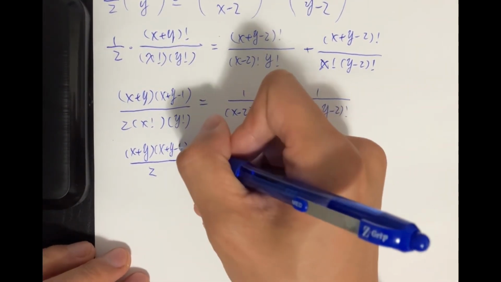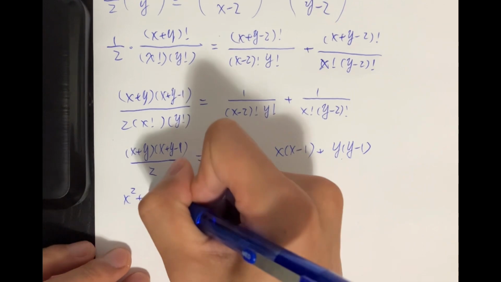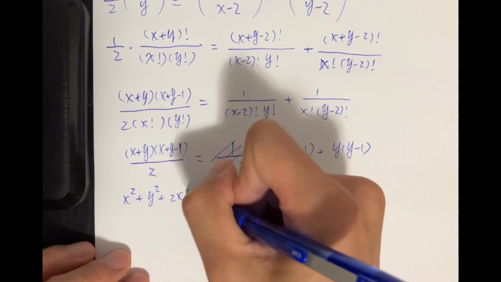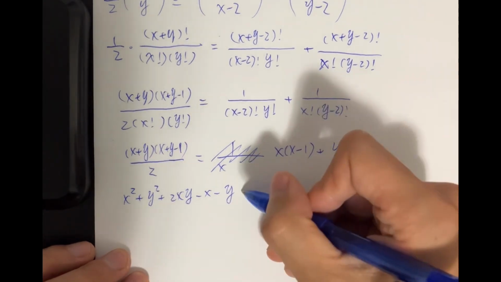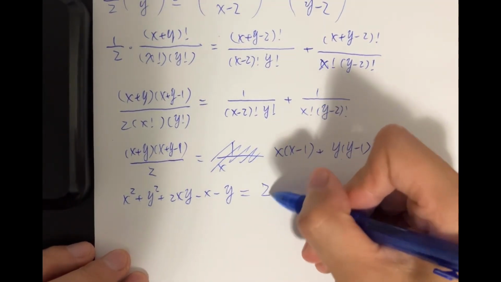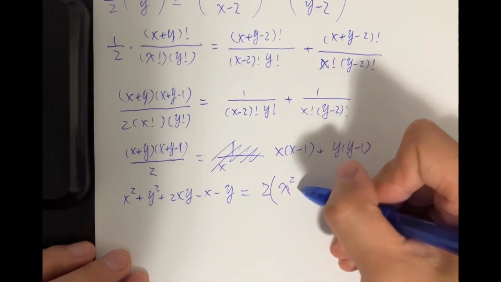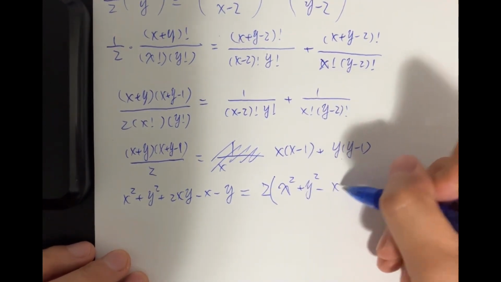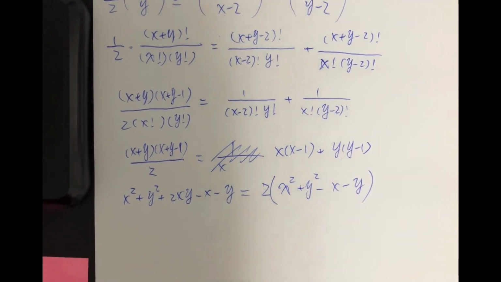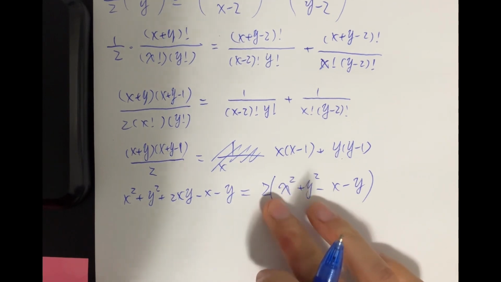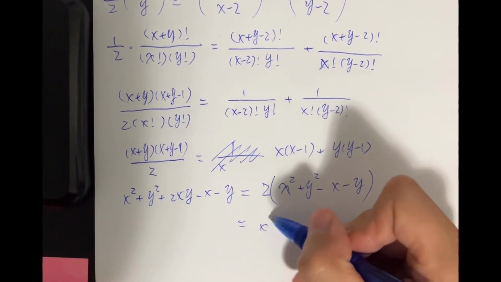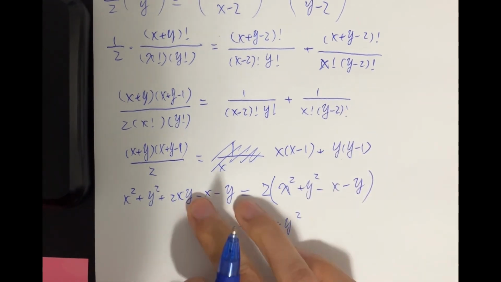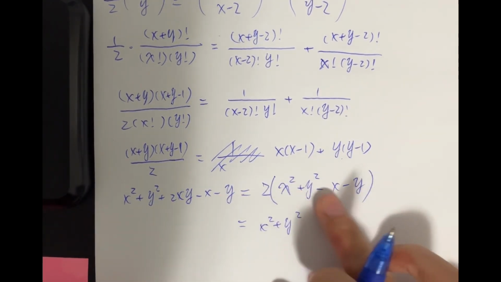Here it is, a minus 1. So it is x squared plus y squared plus 2xy minus x minus y. The 2 moves over here. It is 2 times (x squared plus y squared minus x minus y). So we've got 2 times (x squared plus y squared) and x squared plus y squared, and this is a minus y minus x, this is a minus 2x minus 2y.